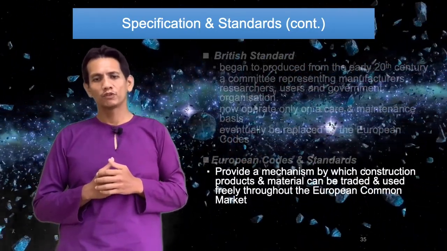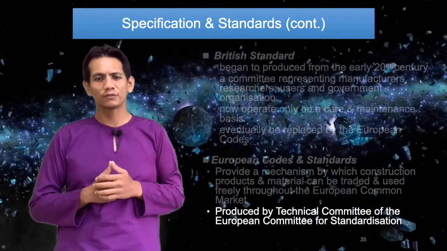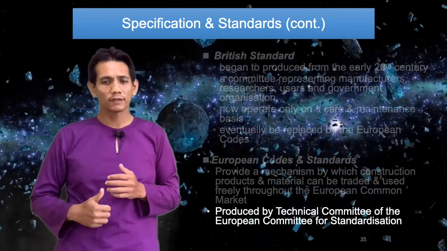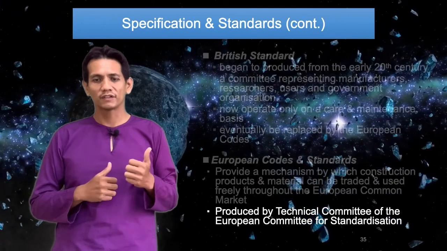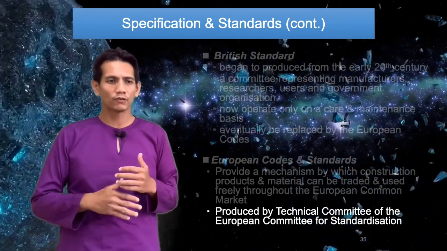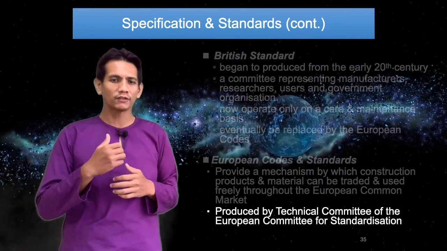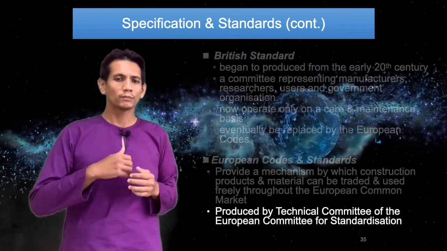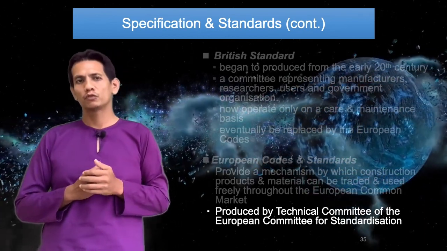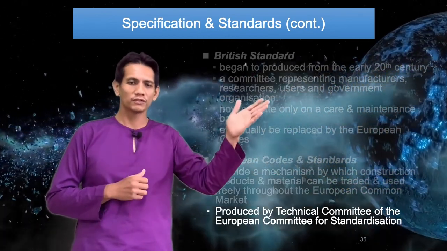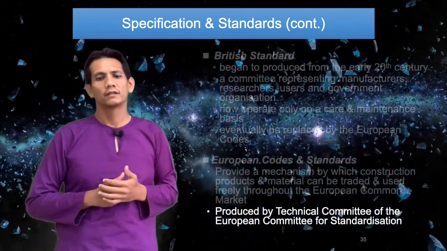And then we have European code standard, which provides a mechanism by which construction product material can be traded and used freely throughout the European common market, produced by technical committees of the European Committee for Standardization. So we have a standard for design of concrete, steel. Previously we used British standard, BS code, and then it was superseded by the European code. We call it EN, European code. So first British standard previously, and then we use European codes, BS EN, the latest version.